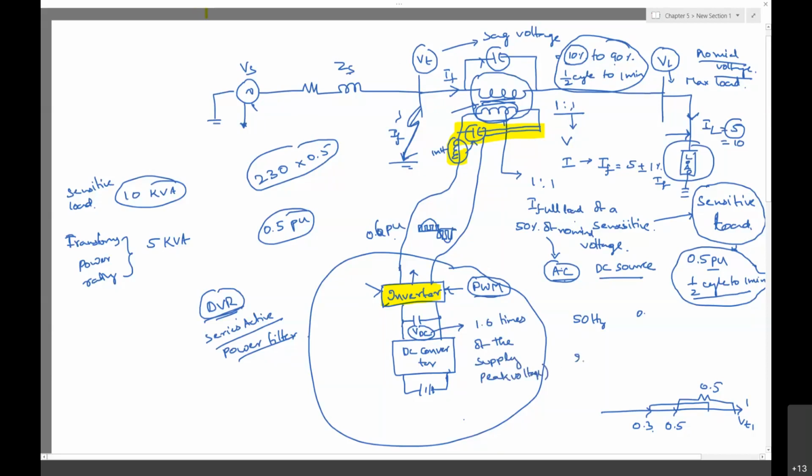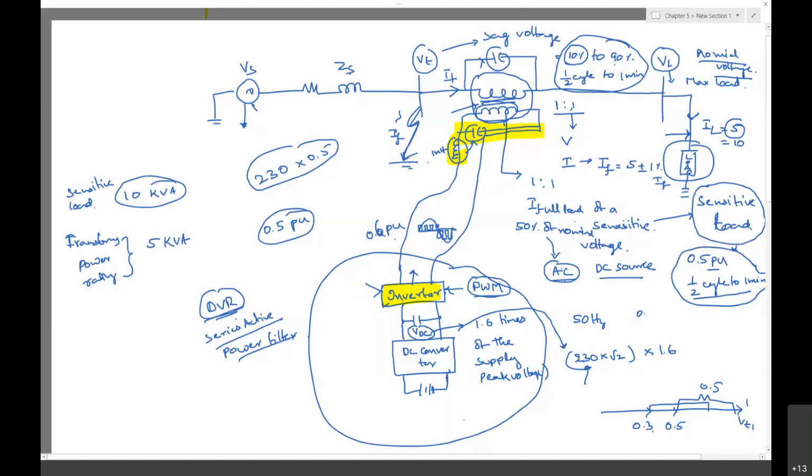Suppose it is 230 into root 2, where 230 is the single phase voltage, I'm talking about the phase voltage, then 230 into root 2 into 1.6 times is generally what they keep as the DC link voltage.